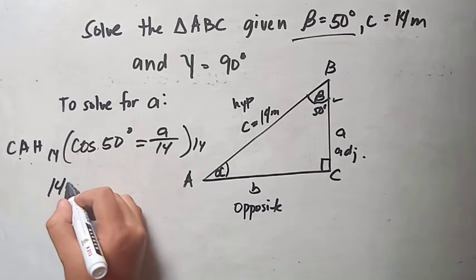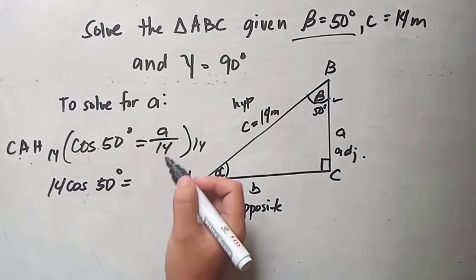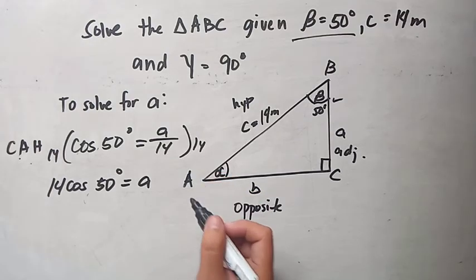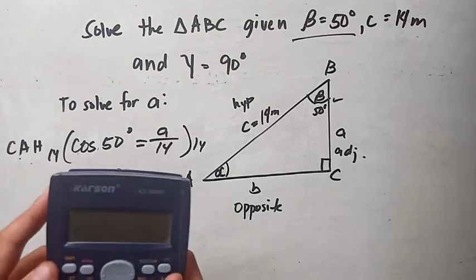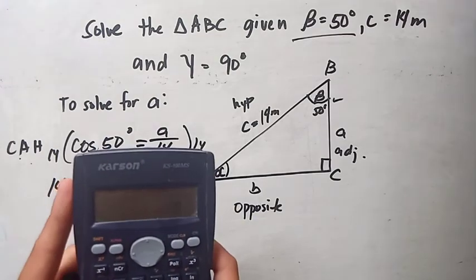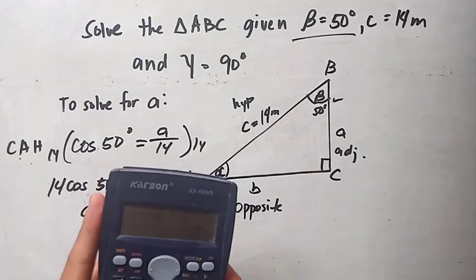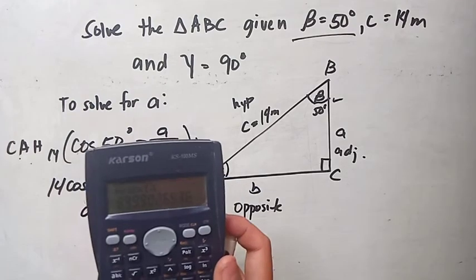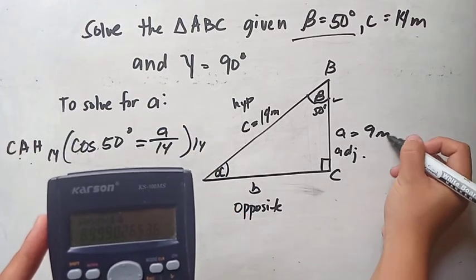So, 14 cosine 50 degrees is equal to A. So, A now is equal to 14 cosine 50, equals 8.9 or approximately 9 meters.